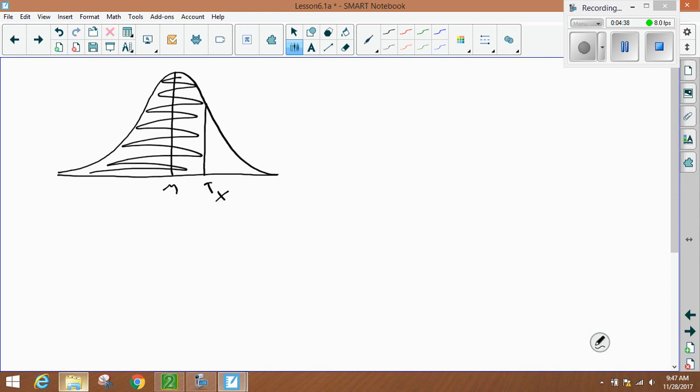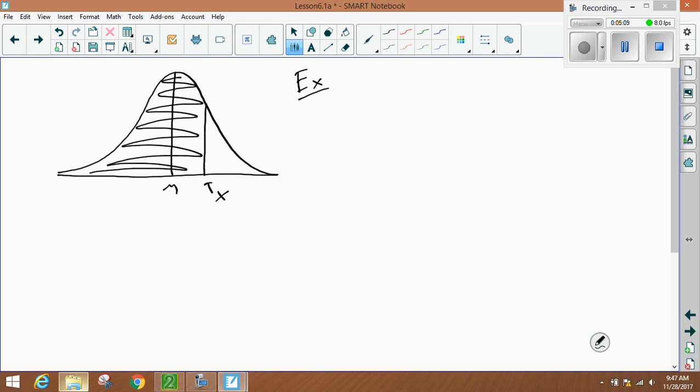Before, though, we interpreted these as proportions, right? The proportion of people who would say yes or something like that. And now we're going to actually calculate them as probabilities. And that's really what that normal density curve's main purpose is.